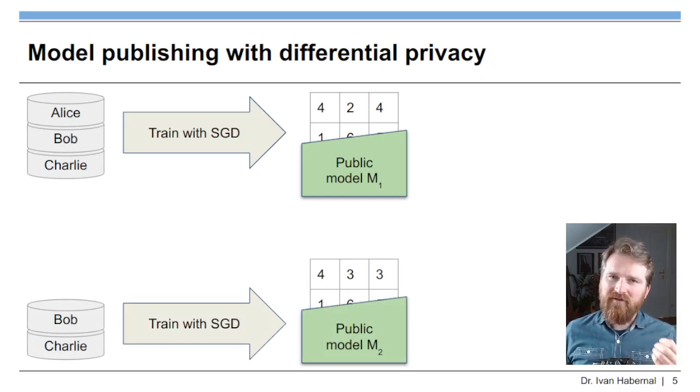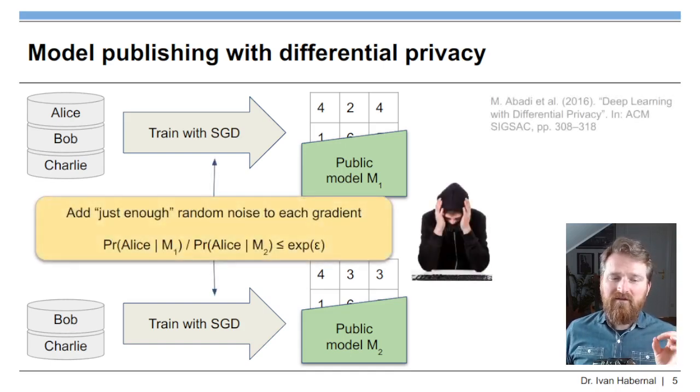The idea of stochastic gradient descent with differential privacy is that we add just enough random noise to each of the gradients. Through this, we guarantee that the adversary cannot really distinguish, well, he or she can distinguish, but the distinguishing capacity is limited, whether or not Alice was in the training data. So there is a formal bound on how much privacy could be lost about each individual in the data set.